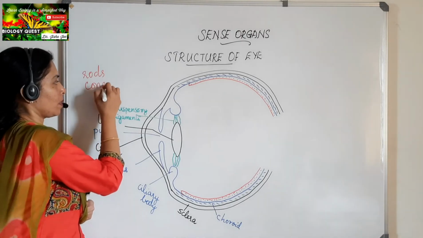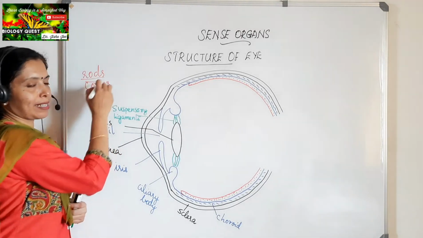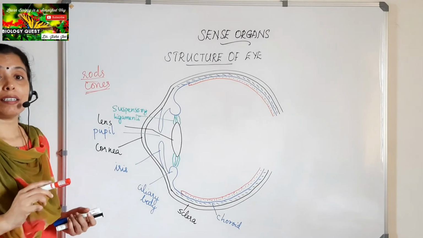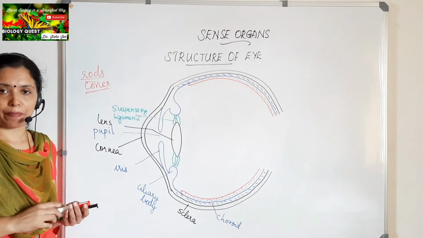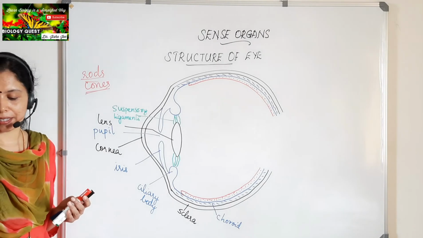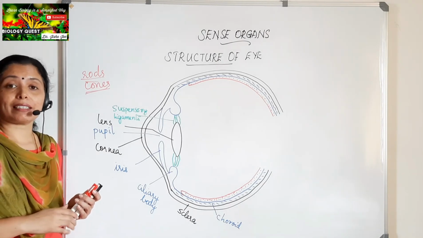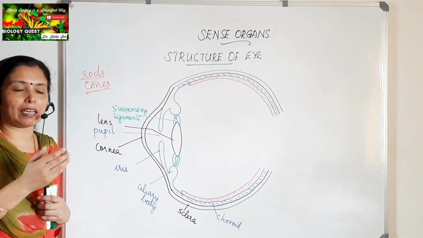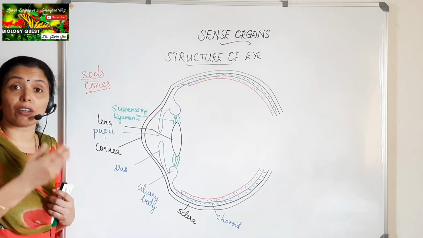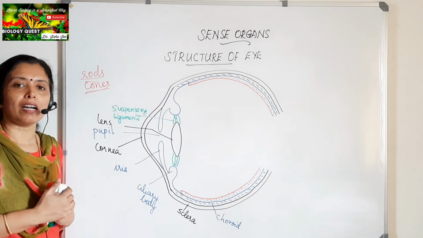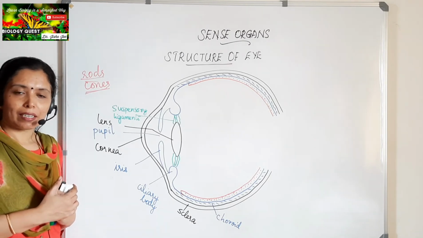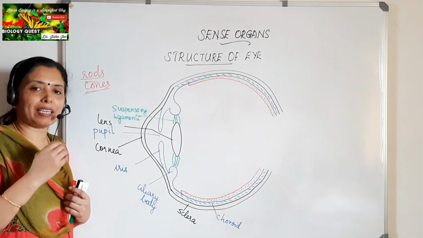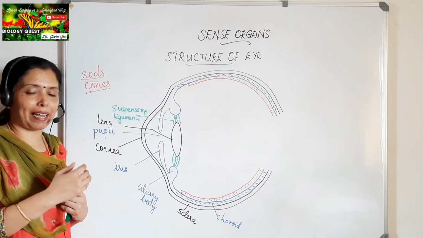Now when we talk about these sensory cells, the rods are sensitive to dim light and they do not respond to color. Can we see color in the dark? We cannot differentiate the colors in a dark room, isn't it? So it is the rods that work when we are in dim light.